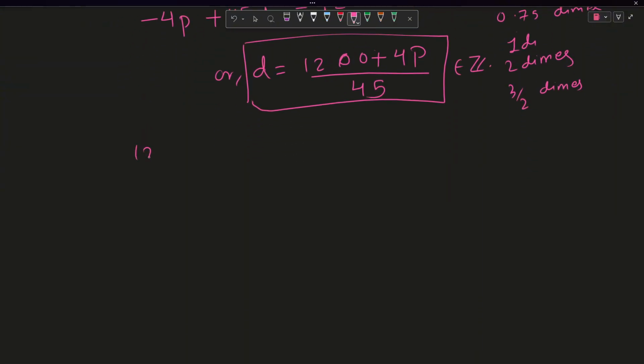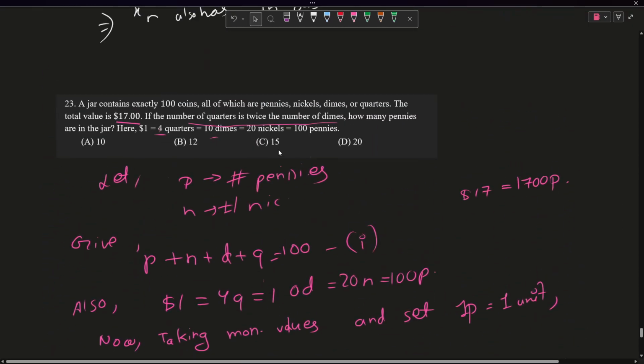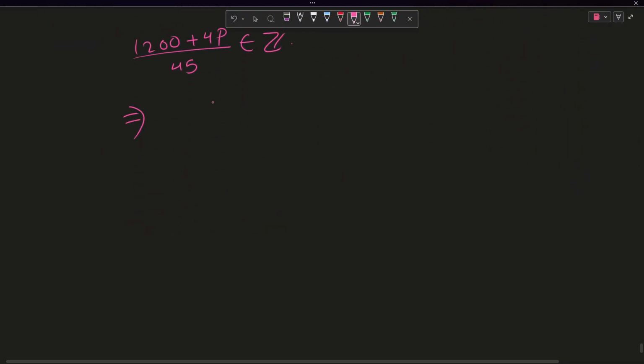So 1200 plus 4P by 45 belongs to the integers, which implies 1200 should have... So now, here we go. How many pennies? P belongs to 10, 12, 15, 20.